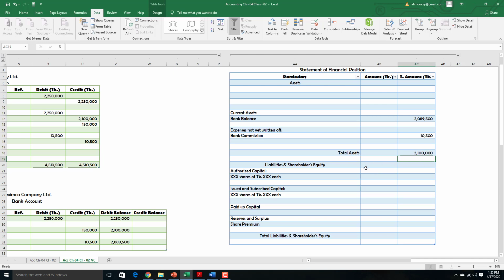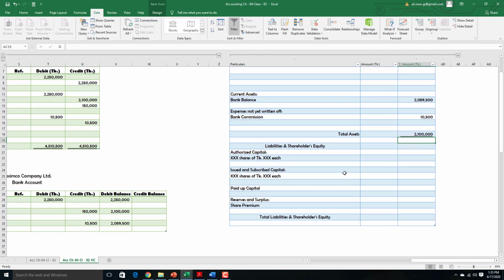Let's write the liabilities and shareholders equity side. You can see the format of how to write this.